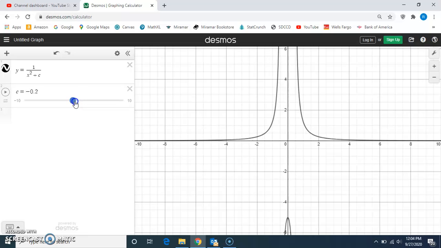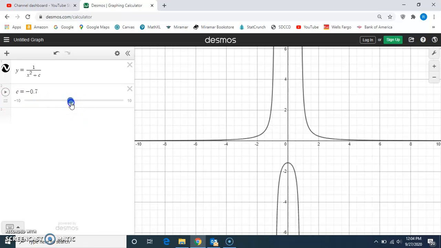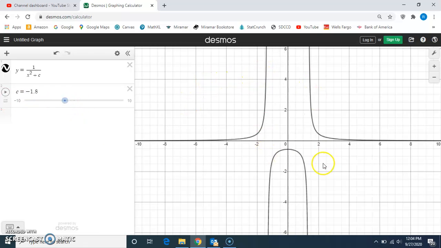It was right at, I'm trying to hone in on 0. 0 would just be the vertical asymptote there on the y-axis. But as soon as c goes negative, now there's two vertical asymptotes, just due to the nature of that function.